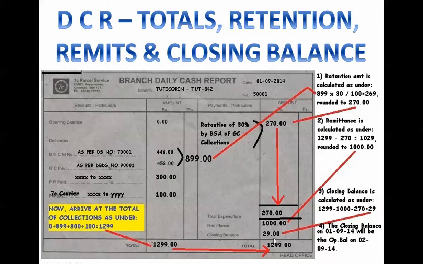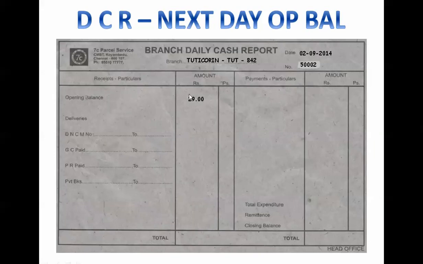This closing balance will be carried forward to the next day, that is DCR dated 2/9/2014, as opening balance as shown here. And on 2nd September, Tuticorin will enter the to-pay amounts collected through the delivery statement number so-and-so, and the paid bookings through the DBDS, the PR paid bookings, and the 7C courier paid bookings, and you will make the total in the fashion that has been explained earlier.